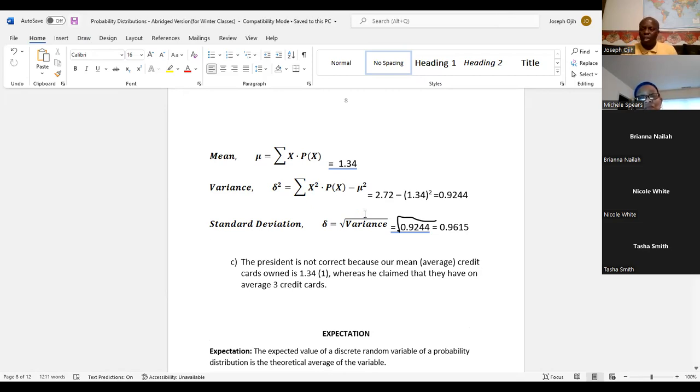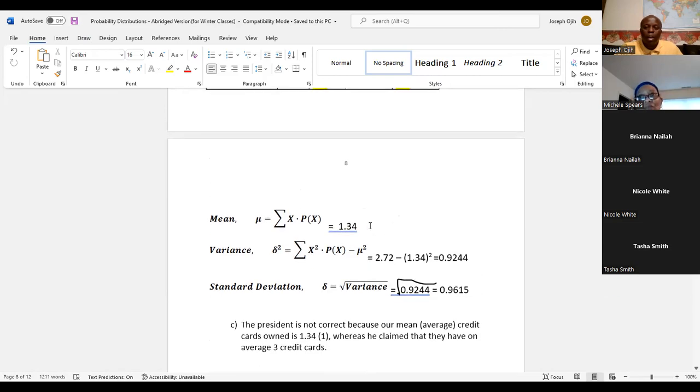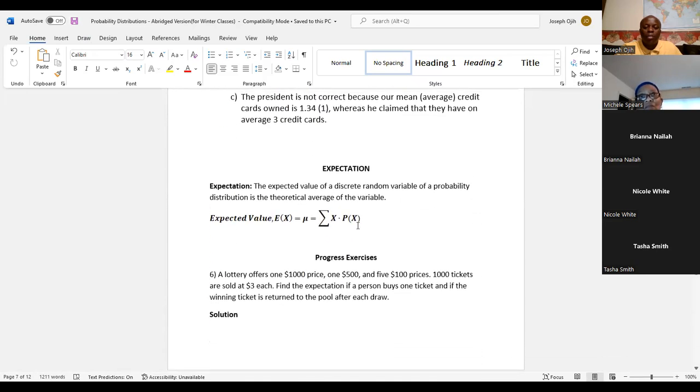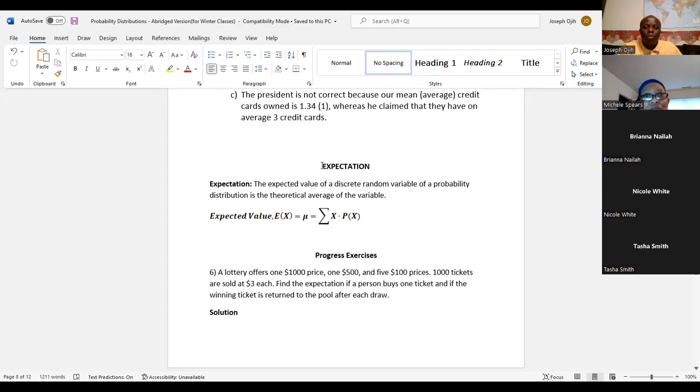So this is how we find the mean, variance, and standard deviation of a probability distribution. Now let's look at the application here. The application comes under what's called expectation. The expectation is another name for the expected value. The expected value of a discrete random variable of a probability distribution is the theoretical average of that variable.